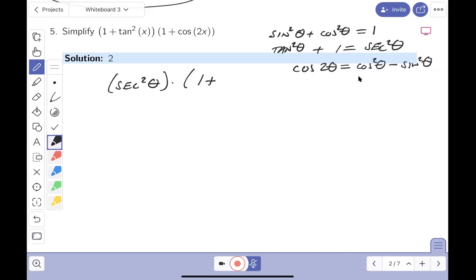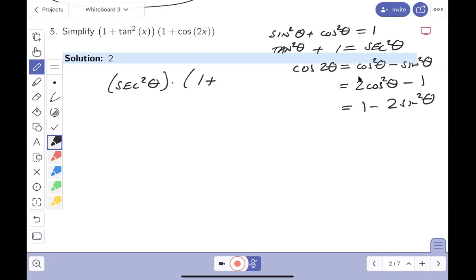I'm hoping you've seen that before, a long time ago, double angle formulas. This is going to be written as 2 cosine squared theta minus 1. Or it could be written as, let's see, sine squared theta could be written as 1 minus cosine squared, so it'd be 1 minus 2 sine squared.